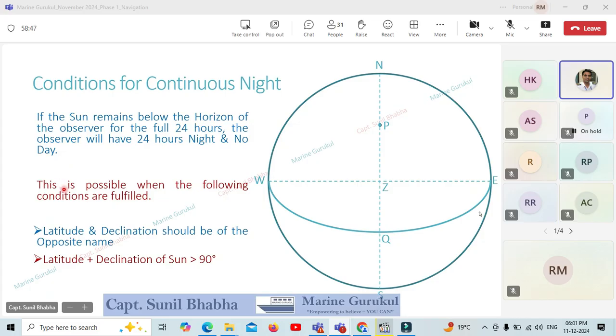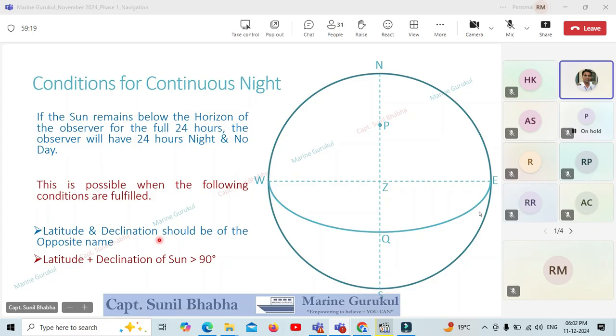Now, this condition is possible when the following conditions are fulfilled. Number one, the latitude and declination should be of the opposite names in this case. For the sun to remain below the horizon, or for a continuous night or 24 hours night, the latitude and declination have to be of the opposite names. It is only possible when the lat and dec are of the opposite names.